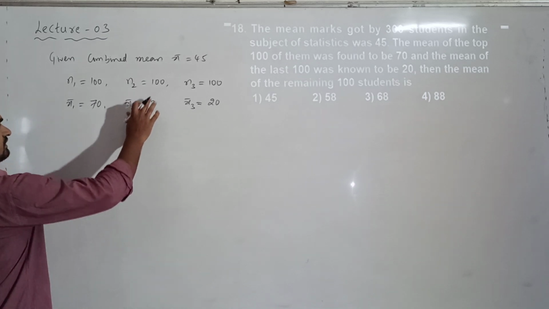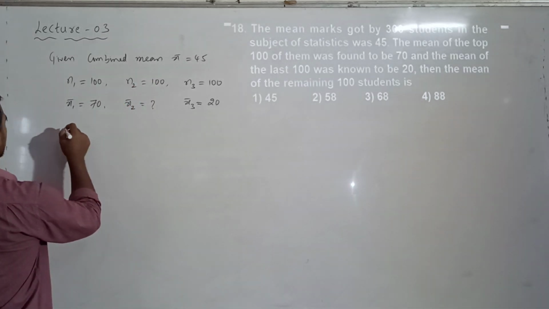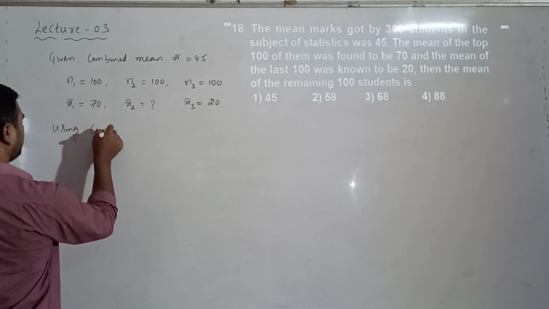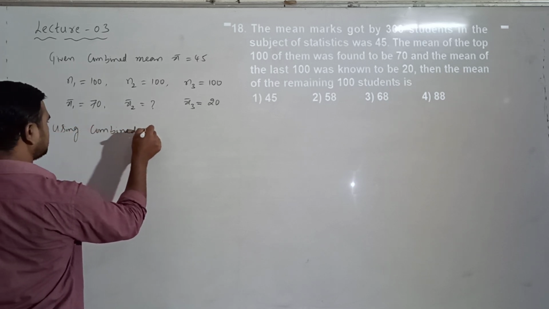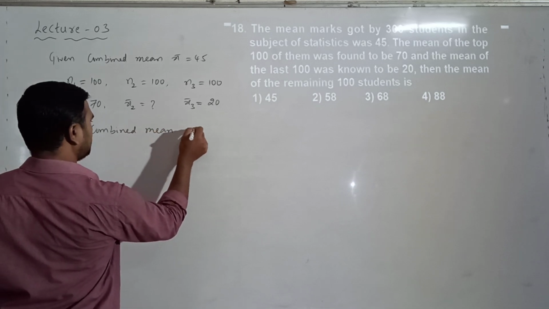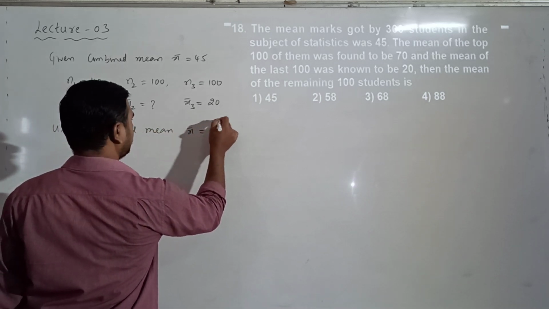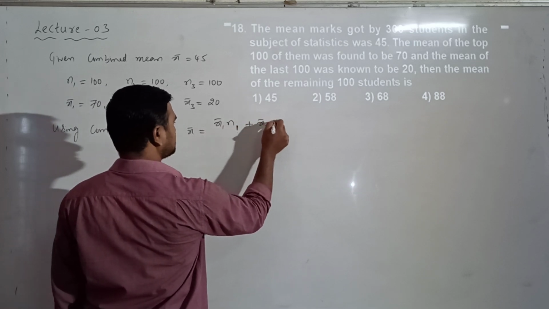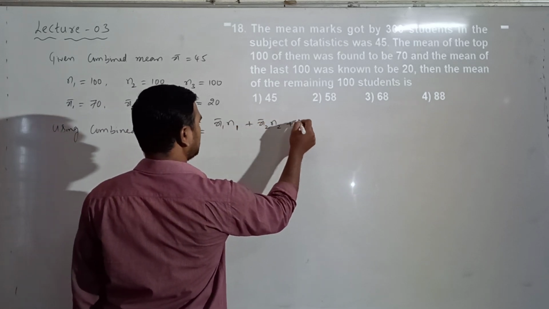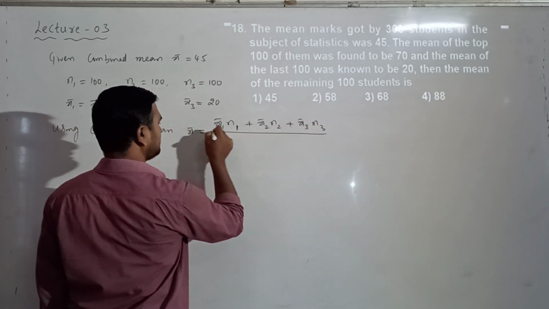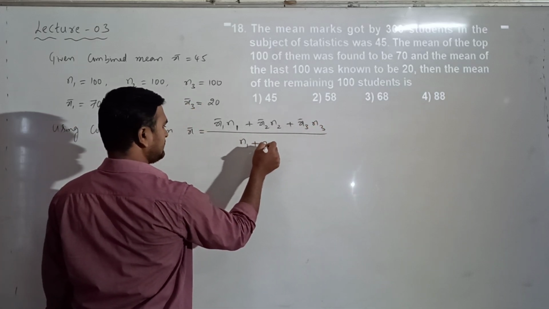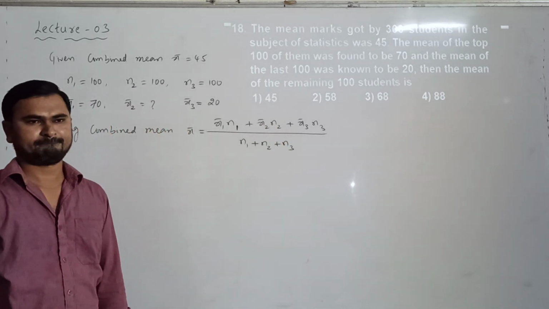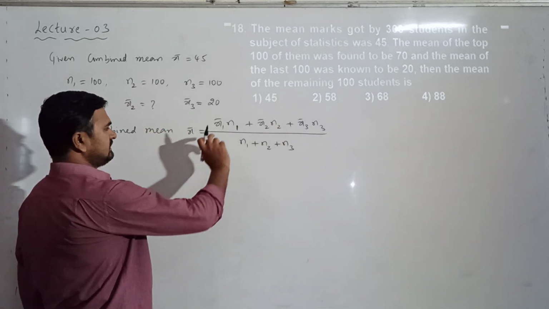So what is the combined mean formula again? Using combined mean, x bar equals x1 bar n1 plus x2 bar n2 plus x3 bar n3 divided by n1 plus n2 plus n3. Okay, let us use this formula.